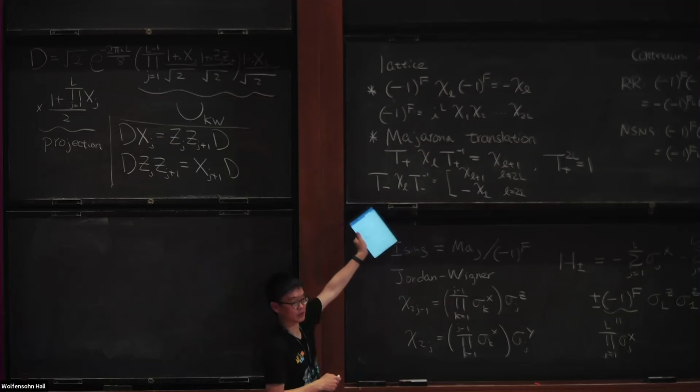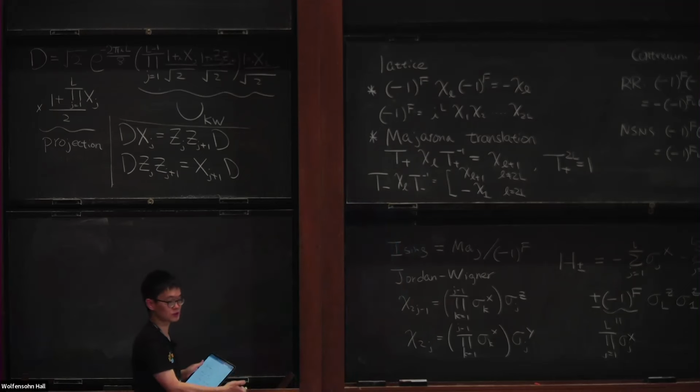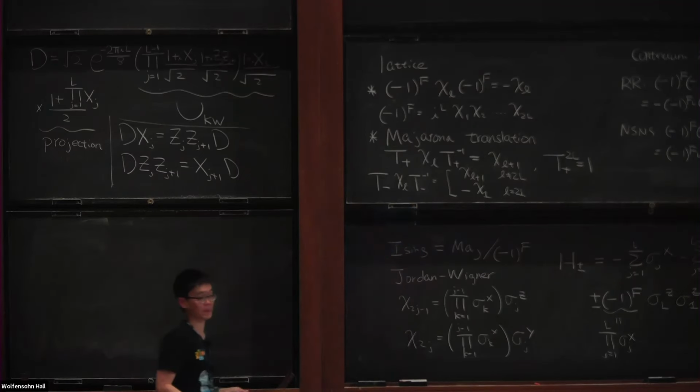For the (-1)^F, it's gauged, so let's not worry about it. There's going to be a dual symmetry, and that's the η Z2 symmetry, but that will work out just fine. The tricky question is what happens to the Majorana translation?